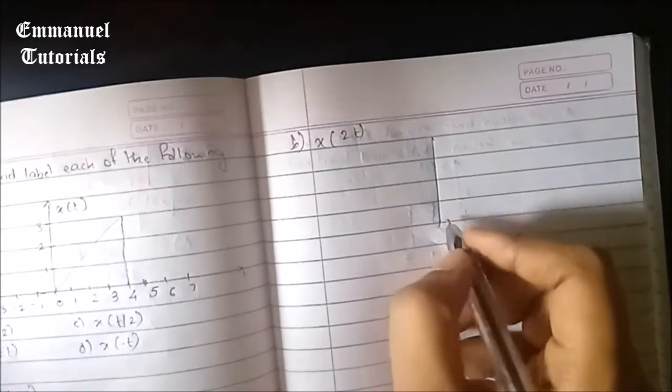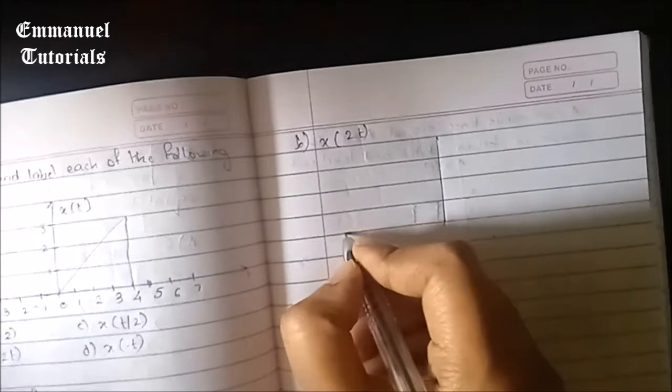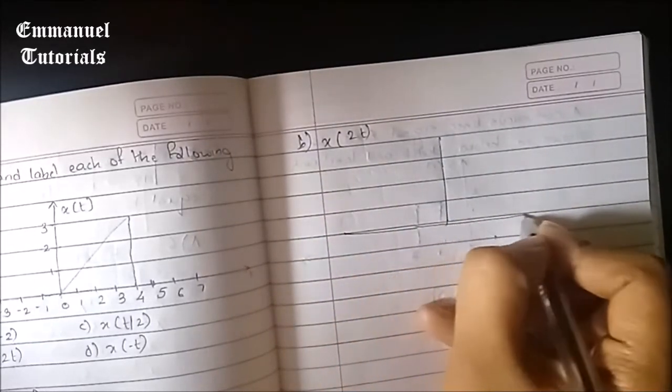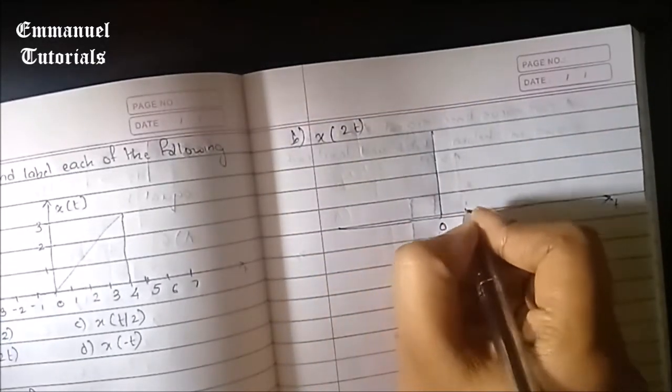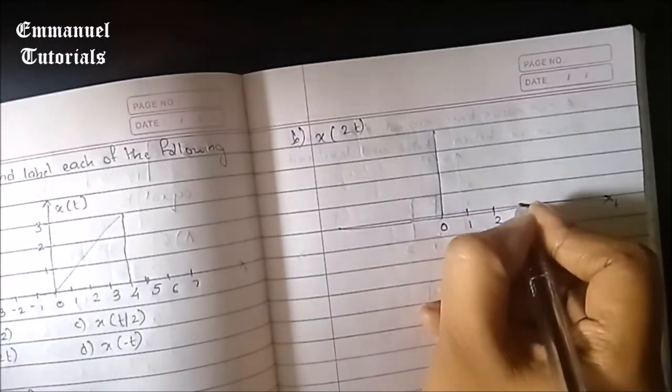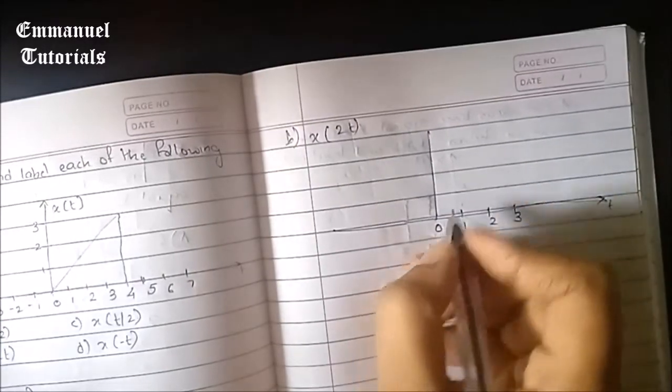First we'll draw the axis. We need only points till 2, so we can draw that much.